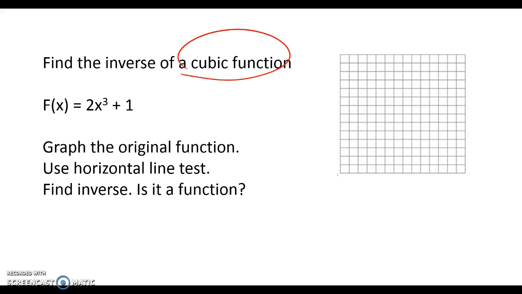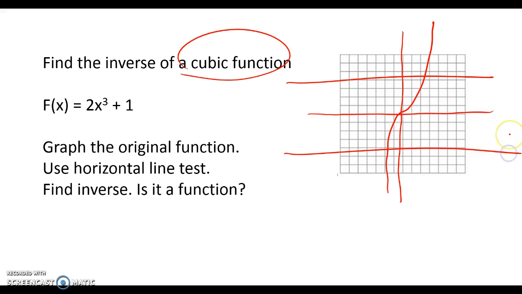Excuse me while I put this into my calculator: 2x to the third plus 1. The graph of that, if I give myself some axes, looks something on the order of this. If I try a horizontal line test, notice it only hits the original function once. Therefore, the inverse is also a function.